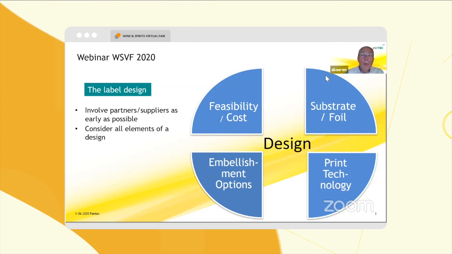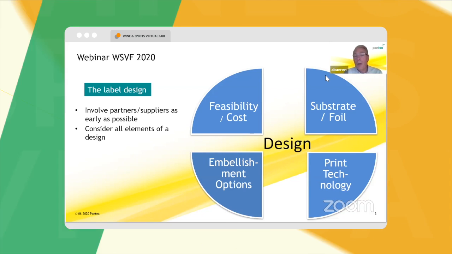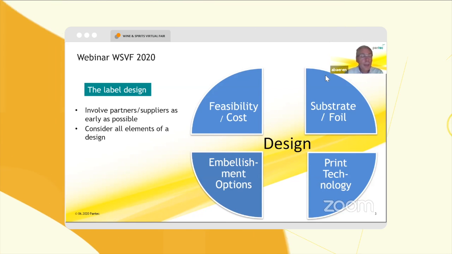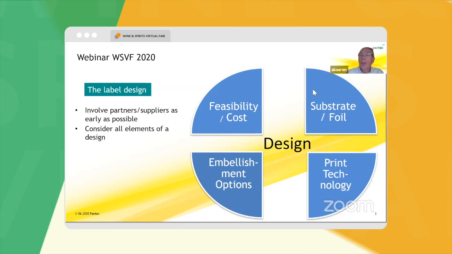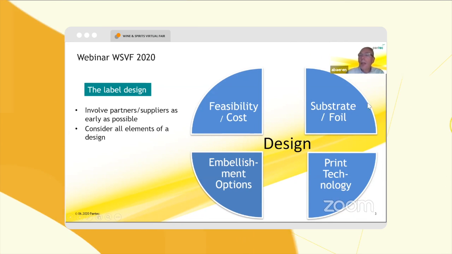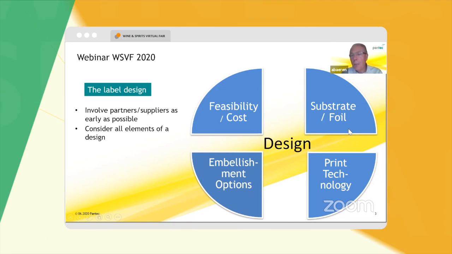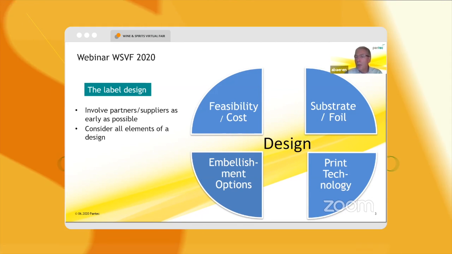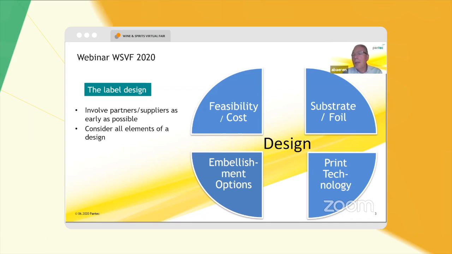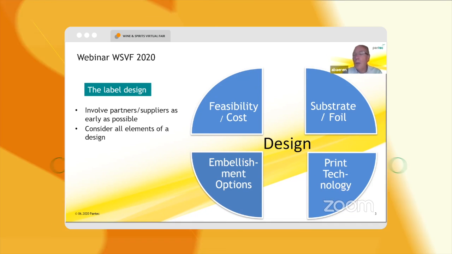It's also important that you consider all the elements of the design, like what kind of material you would like to use, what kind of substrate, what kind of foil, because there are so many different substrates or foils on the market. It's really important that you look at all different options and choose the one which suits best to the design you are developing.